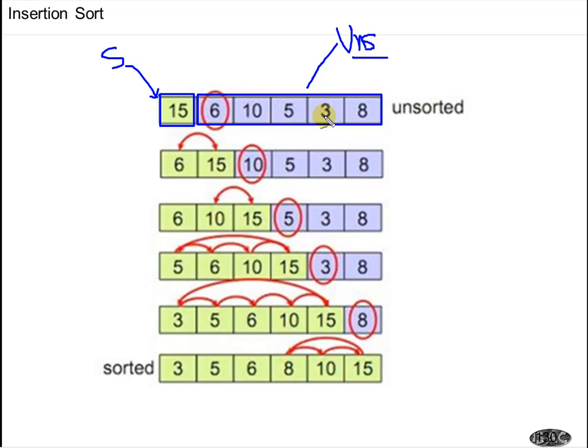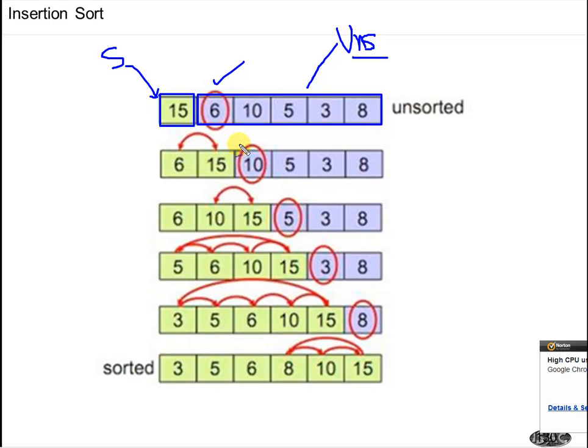Now what we do is that we take the first element of the unsorted one and then we try to put it in the right place in the sorted one. Right place means in a sorted order. So we take 6 and we check, is 6 larger than 15? No. Then check the previous one. If there is nothing, then put 6 before 15. And for that, we do the swapping of 6 and 15.